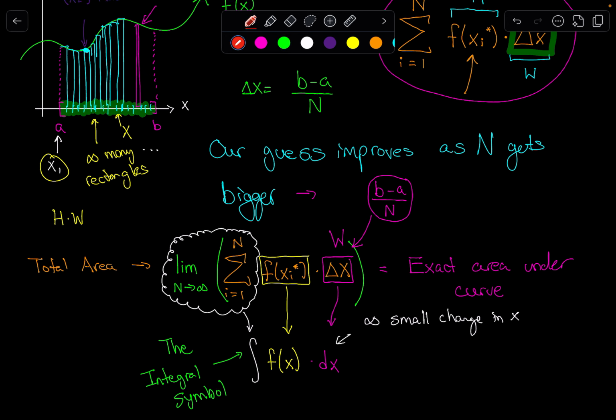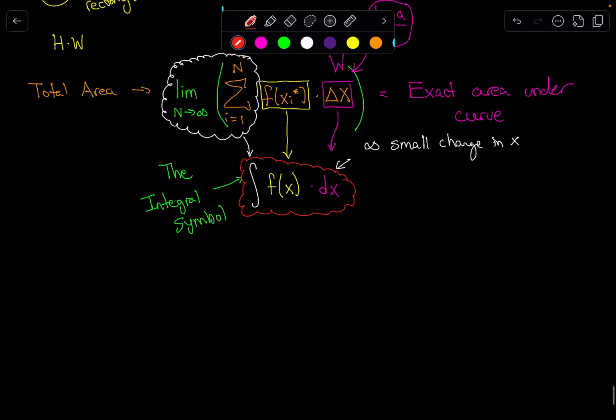This little expression right there literally says add up infinitely many tiny rectangles. So the integral itself literally means add up infinitely many tiny blanks, and what are we adding up? It's just the height and width of a bunch of infinitely skinny rectangles.